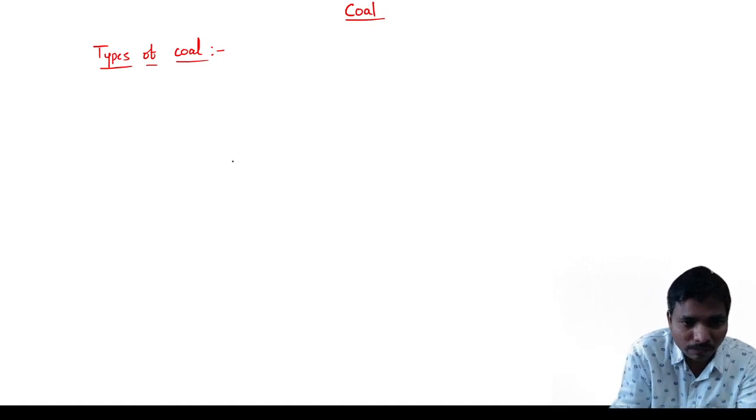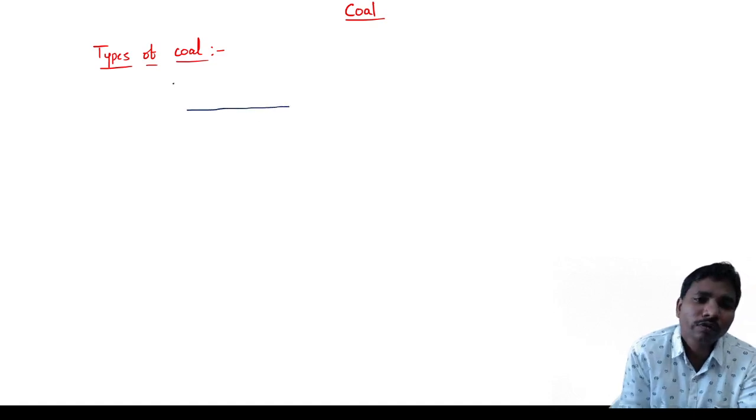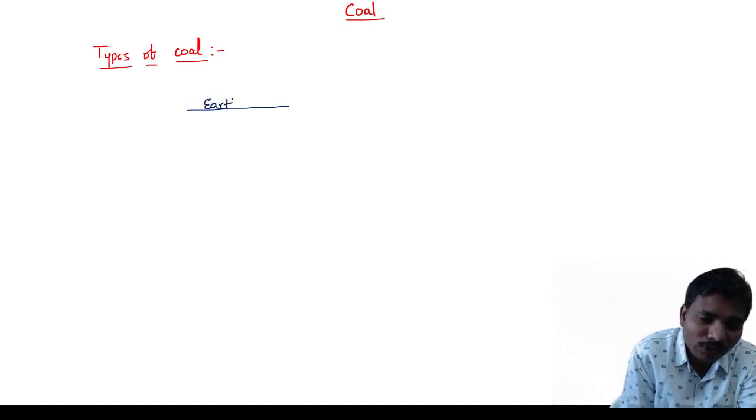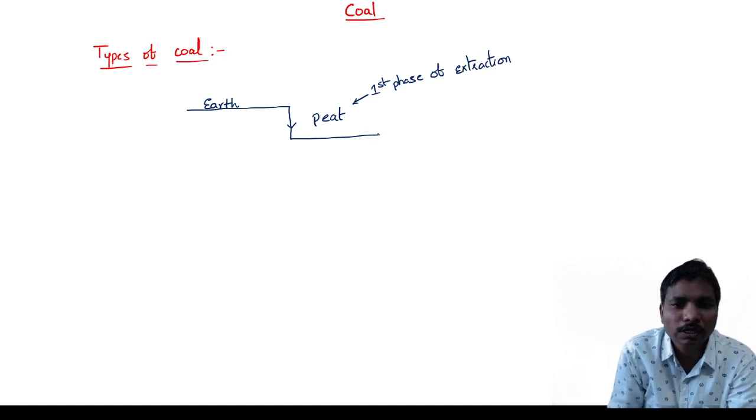Whenever we start digging, we know coal is one of the fossil fuels. Consider the earth's surface: whenever we dig, in the first phase of extraction we get the type of coal called peat.